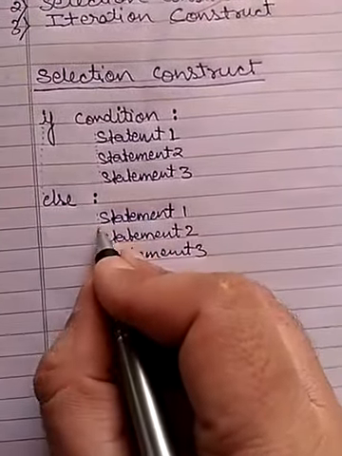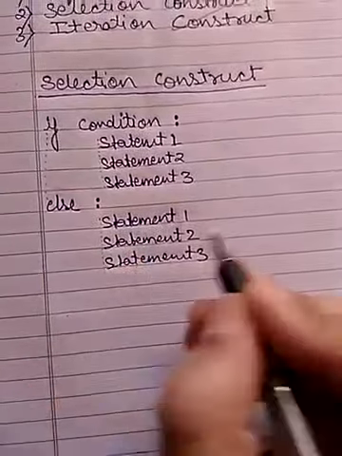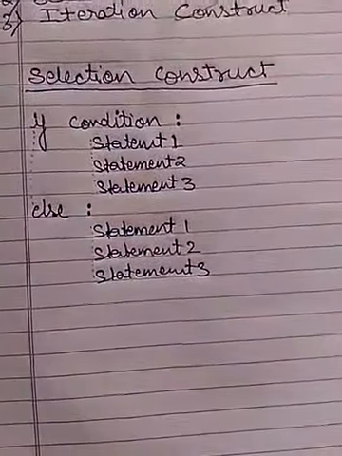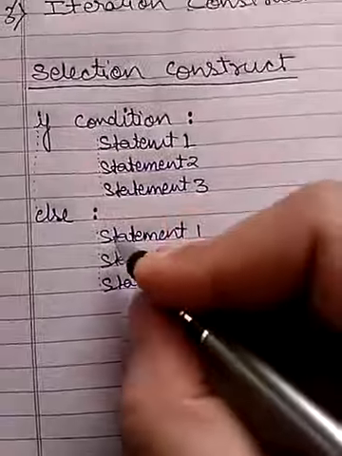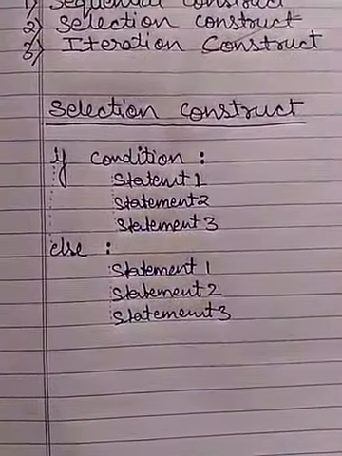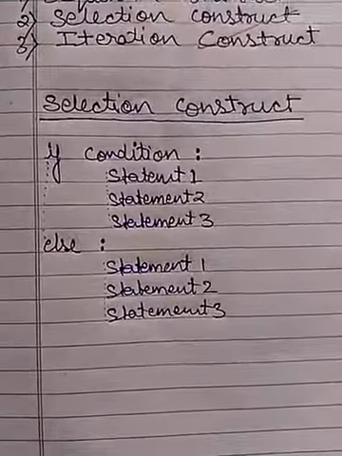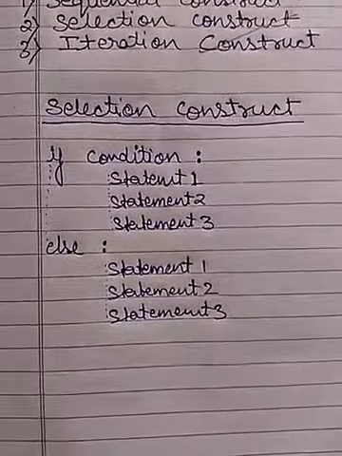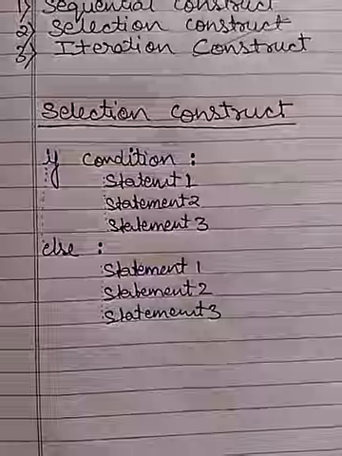Again we are from this indent. So if you continue your writing in this indent, then you will be in the else part. Else is that part which gets automatically executed when the if condition is not satisfied.